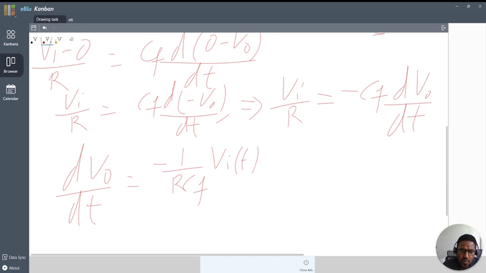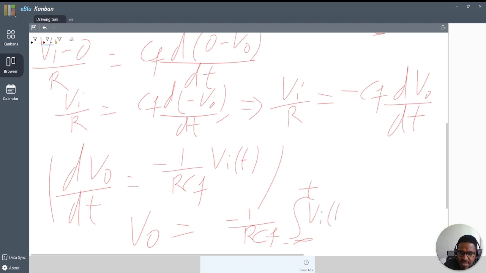When we take the integration on both sides, we get V out. So V out becomes minus 1 over R feedback resistor, the integration of Vi of t dt.